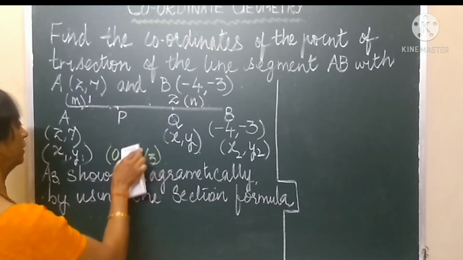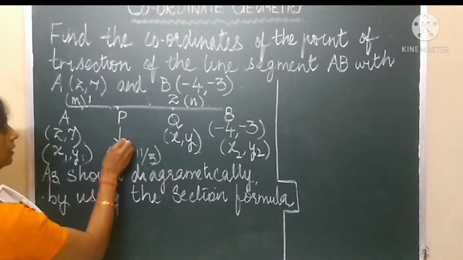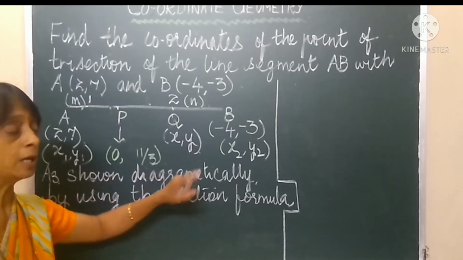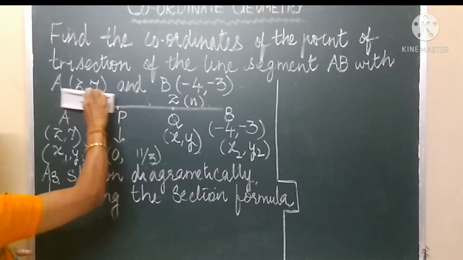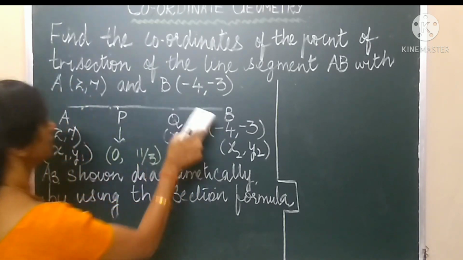Here we have already got the value of point P, so I'll write it down. Now we are assuming the coordinates of point Q as x, y, but what will happen to the ratio of m is to n? Let's again check out.